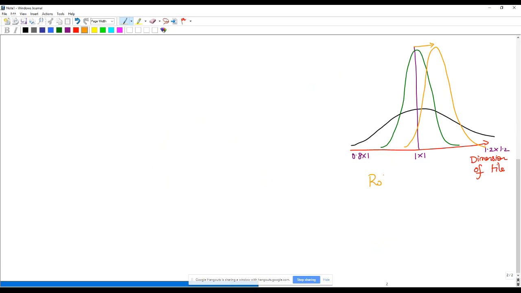That is why, I'm not sure whether we have discussed this already, robustness is composed of 2 levels. One is to minimize the difference between the process mean and target.